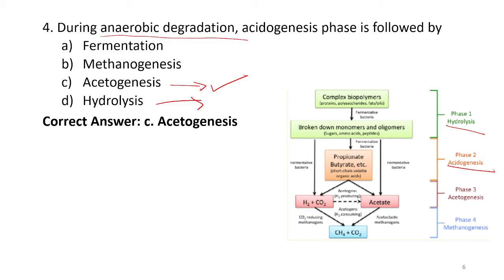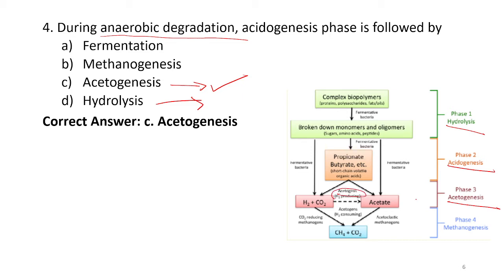So we can see that after that, acetogenesis is happening. In acetogenesis, all the short chain volatile organic acids which are formed are transformed to CO2 and hydrogen as well as acetate with the help of acetogens. So this is happening in the acetogenesis phase.